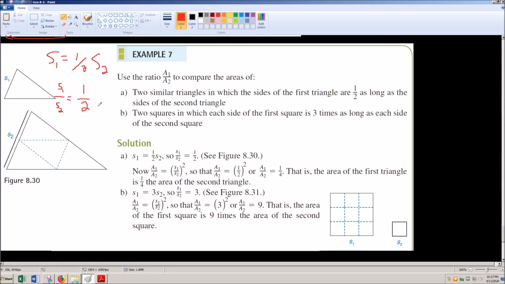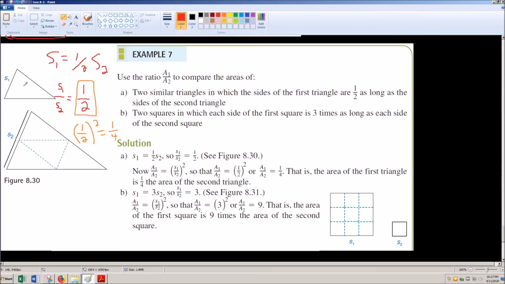It equals 1/2. Now, as I look at this thing, I'm saying, okay, well, what if I want to talk about the area of this thing? If I want to compare their areas, then I'm going to take this ratio and I'm going to square it. Equals 1/4. Perfect. And we can see that in the picture here.